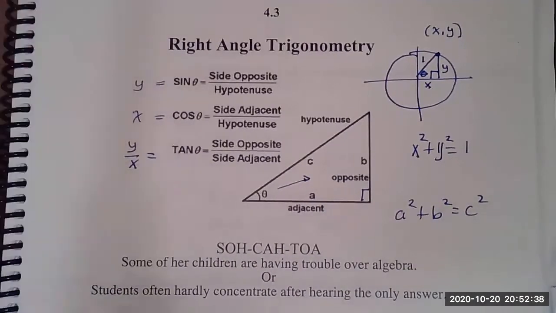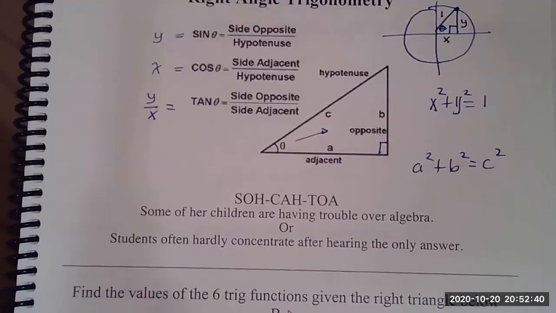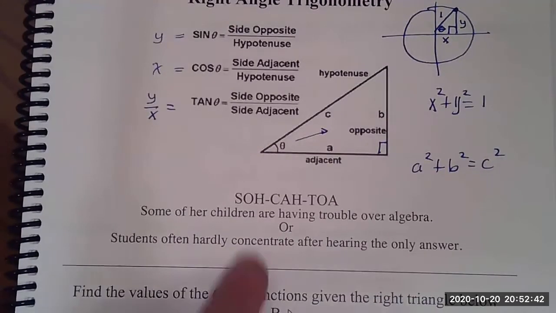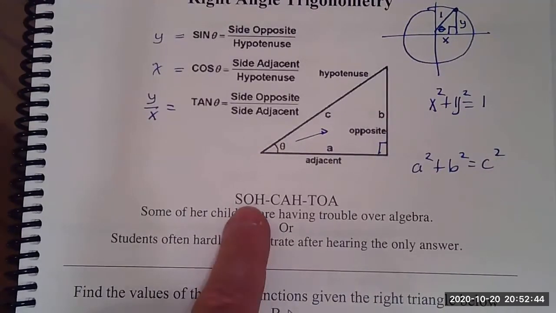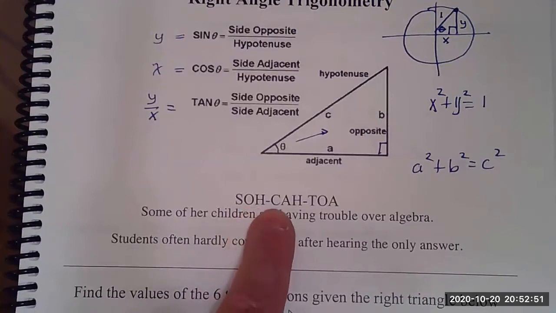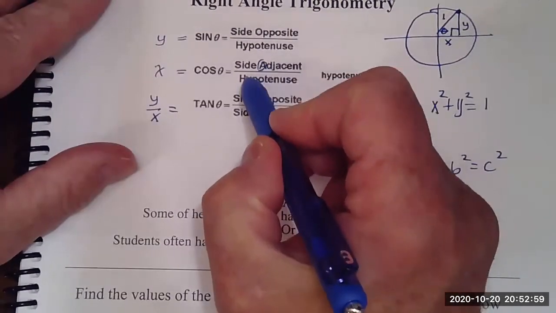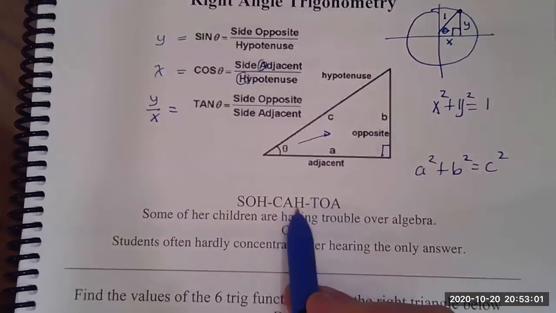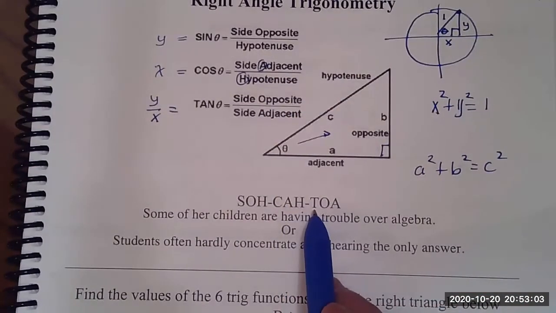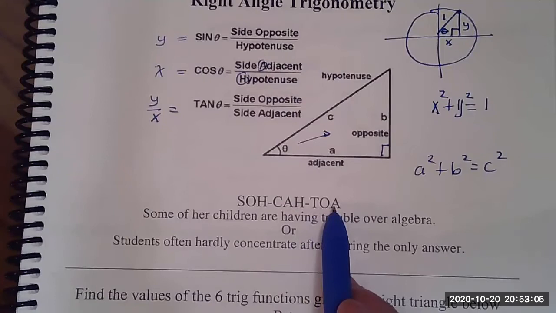Some textbooks, and this is ours, do the same thing. SOHCAHTOA, an acronym. Sine is opposite over hypotenuse. C for cosine. Cosine is adjacent over hypotenuse. So you can see the letters A and H. And then TOA, tangent, opposite over adjacent.